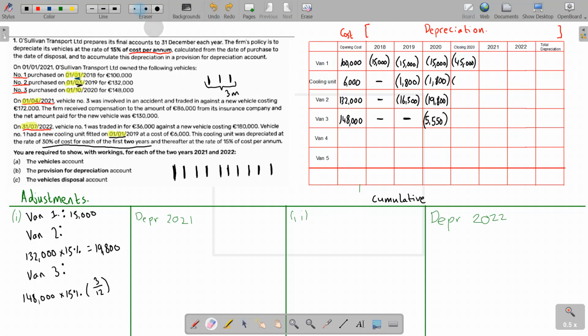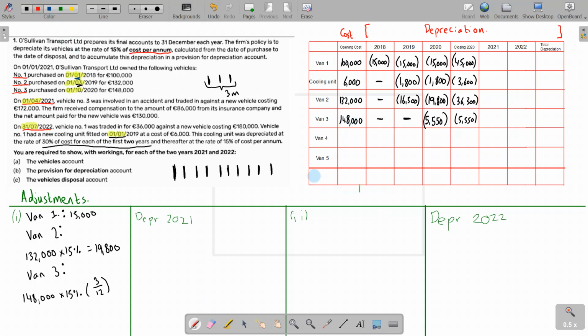So we're looking for the cumulative amount for all the depreciation. 1,800 plus 1,800 is 3,600. 16,500 plus 19,800 is 36,300. And then obviously 5,550 is the closing for van 3, because we've only had it for 2020, so it'd be the same amount.